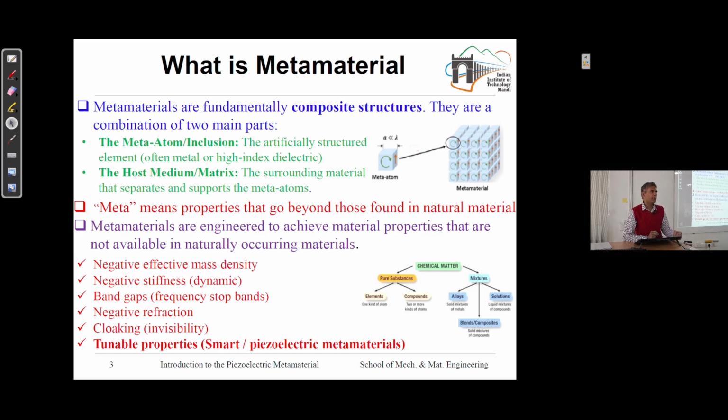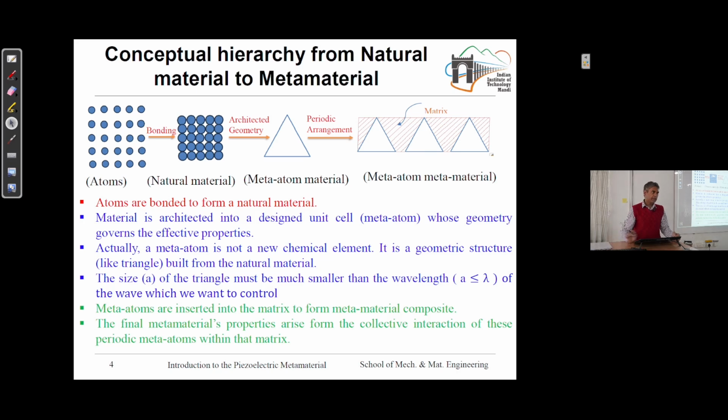If we make piezoelectric metamaterial, in that case we can control or tune the properties according to our wish. So that is the advantage of piezoelectric metamaterial. These piezoelectric metamaterials are very highly in demand.